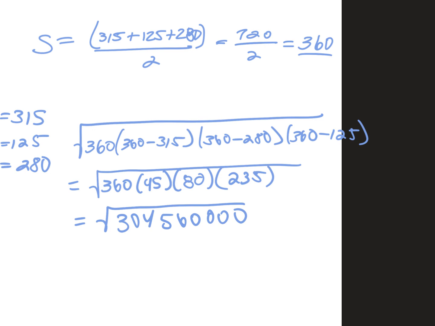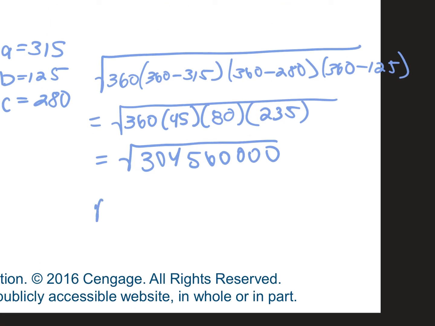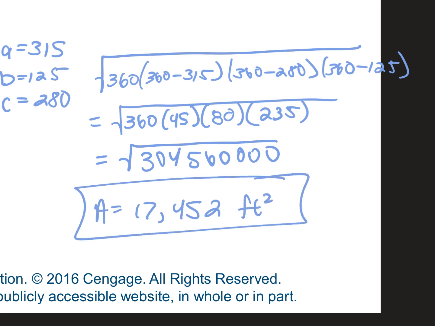That's okay. That is totally okay. Is that my answer, though? No. My area is the square root of that. So hit square root in your calculator. And I get about 17,451.64. So we'll say 452. And it's feet squared because we're talking about area.